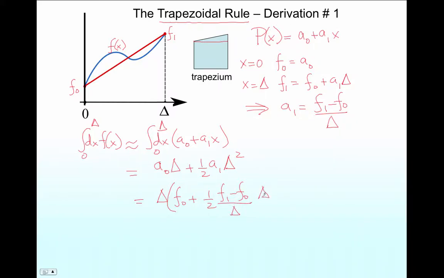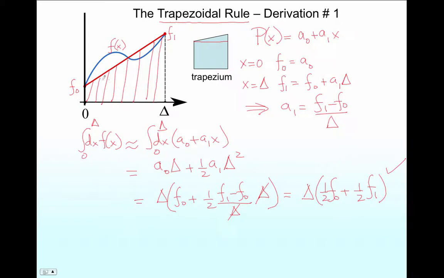And there was delta squared, but we took one delta out, and now this delta and this delta cancel. So what we are left with is delta into half f0 plus half f1. That is the area which is under this straight line, this red line over here. And you can see that although it is somewhat close to the integral of f of x, that is the area under f of x, it's not identical.